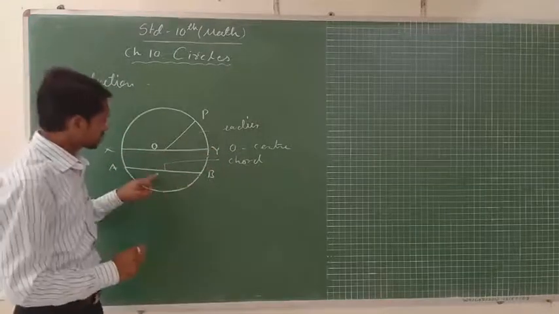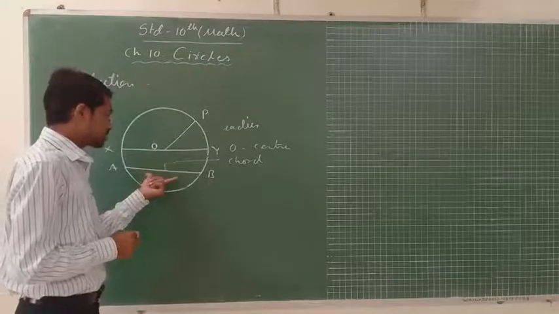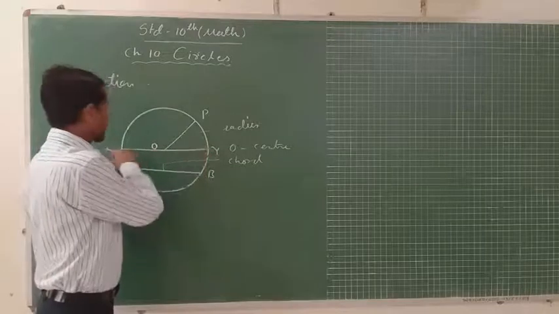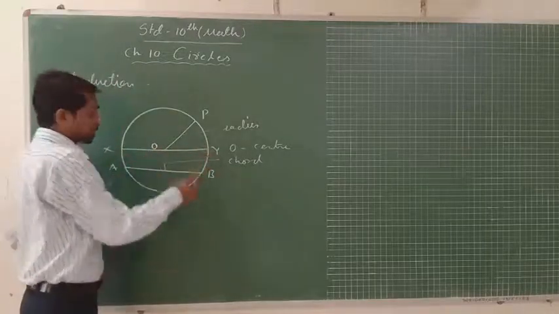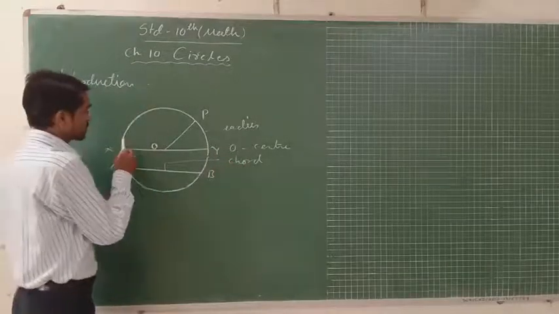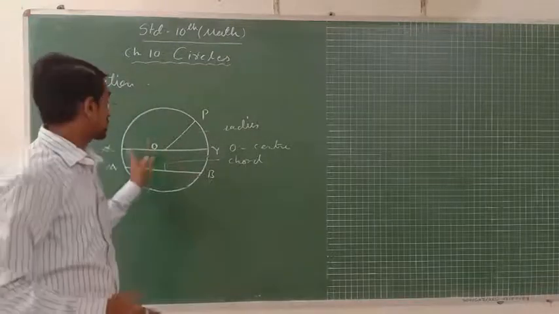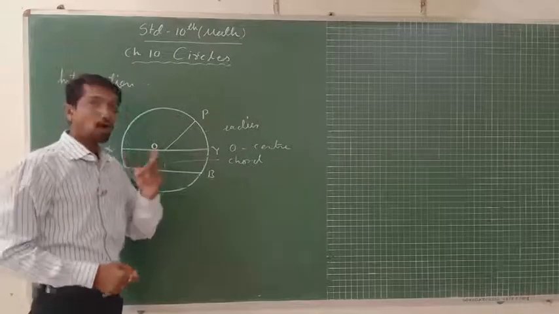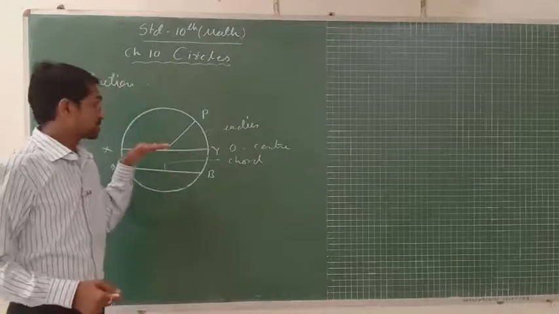What is the difference between these two chords? See, first, AB is shorter than XY, but XY is also a chord because X and Y lie on the circle. But this chord XY passes through the center of the circle. Any other chord we draw like this is smaller than XY. So it is called the biggest chord, which is the chord passing through the center of a circle.